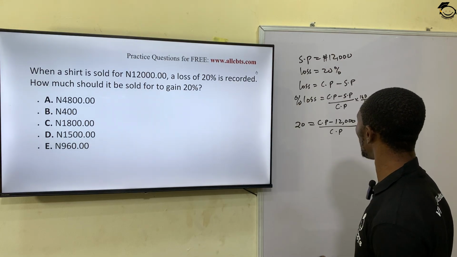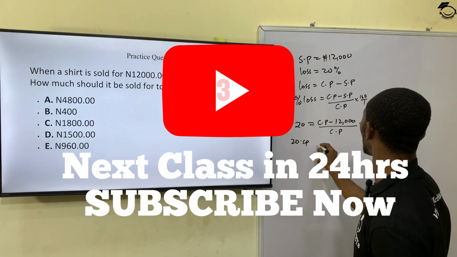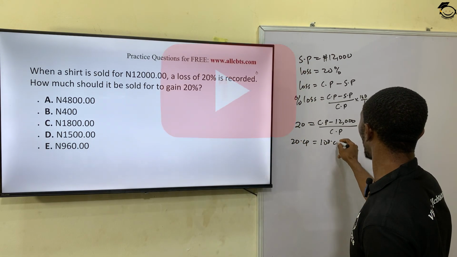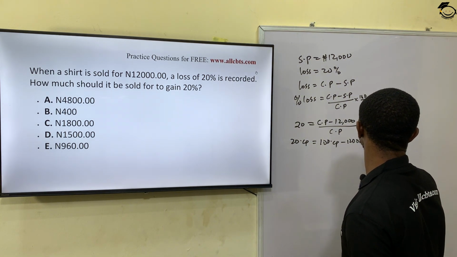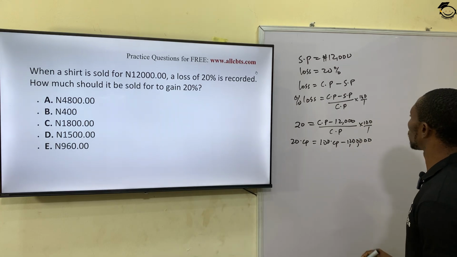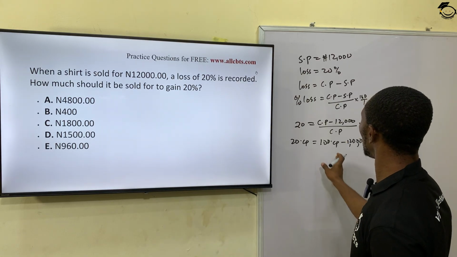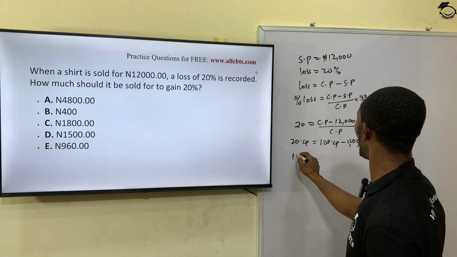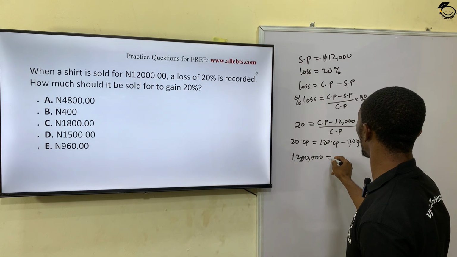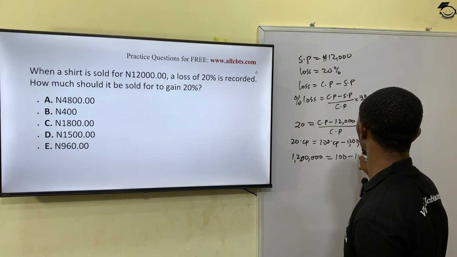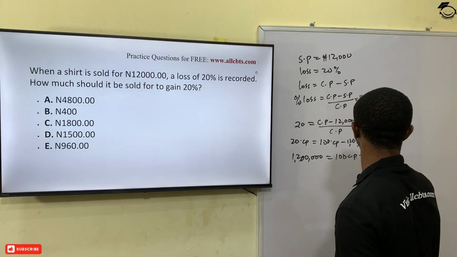100 over 1. Cross multiplying, we have 20 cost price equals 100 cost price minus 1,200,000. Now collecting our like terms, 1,200,000 equals 100 cost price minus 20 cost price.